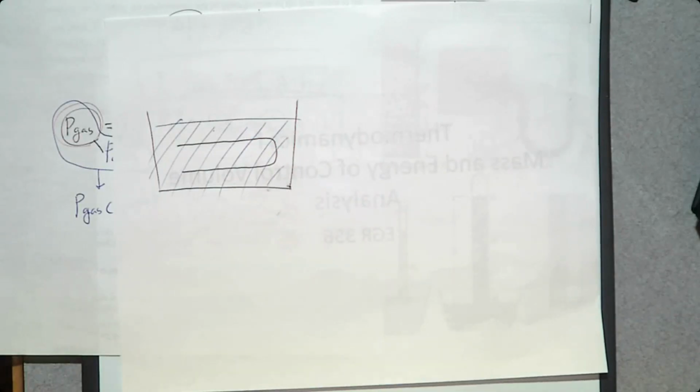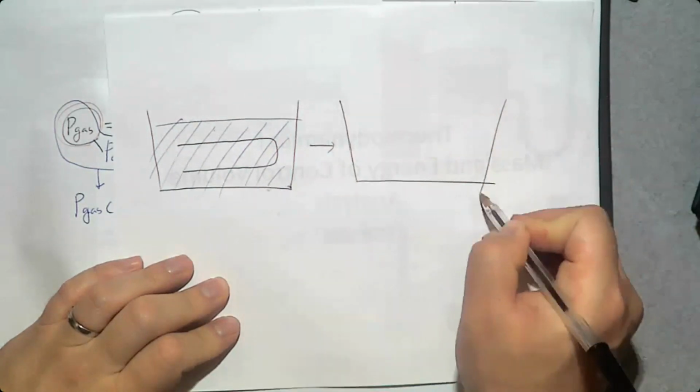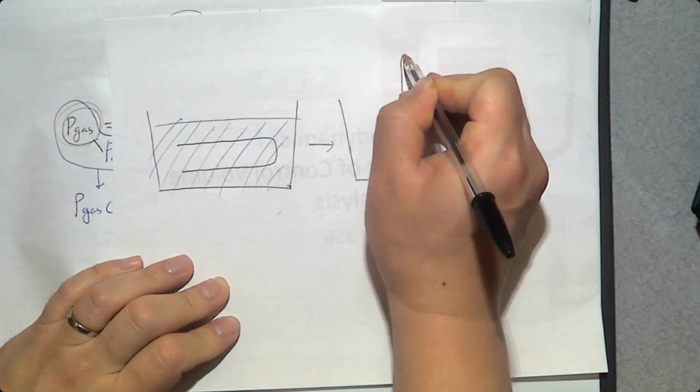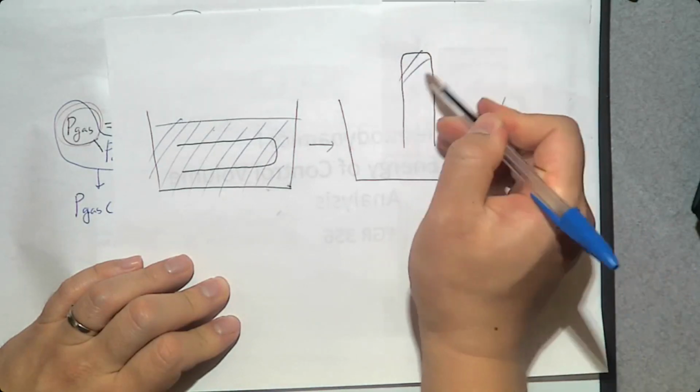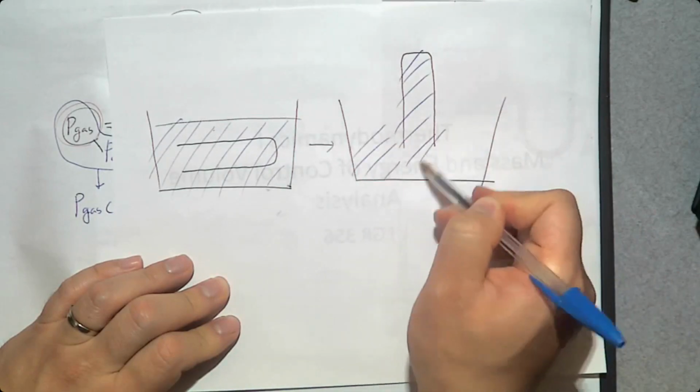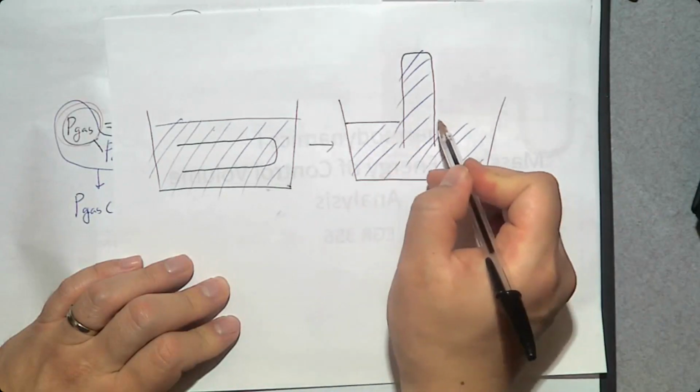Okay. Now you're going to rotate this one counterclockwise 90 degrees. Then what's going to happen is that you have this tube positioned in this way. Initially, everywhere in the water tank and tube is going to be filled with water.